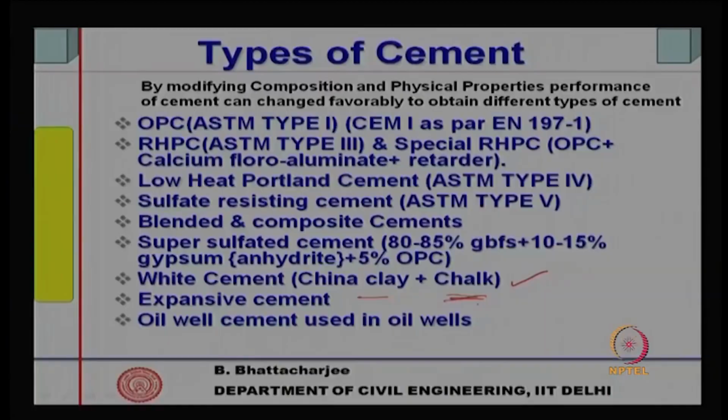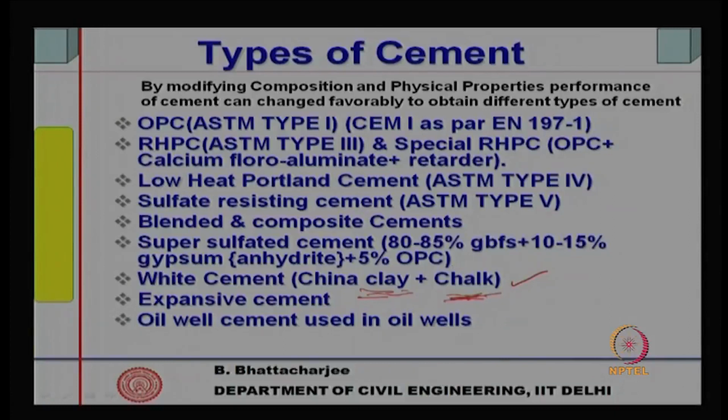Therefore, this cement is very costly, because you are producing it from specific raw materials, China clay and chalk. It has similar properties and composition to OPC, only there is no iron and no other such oxides which can add color.